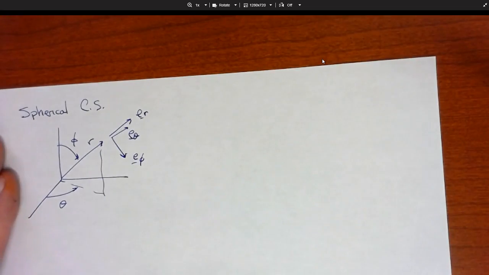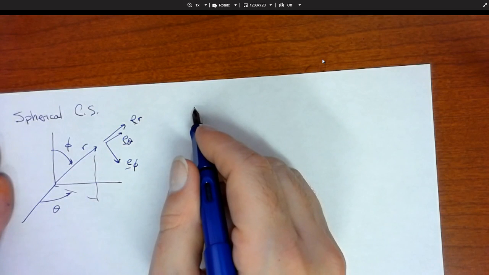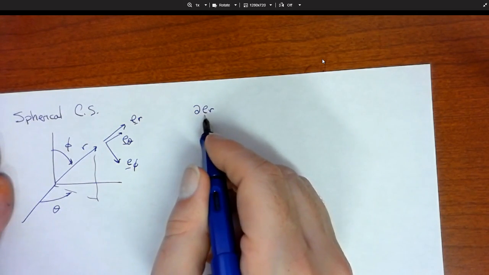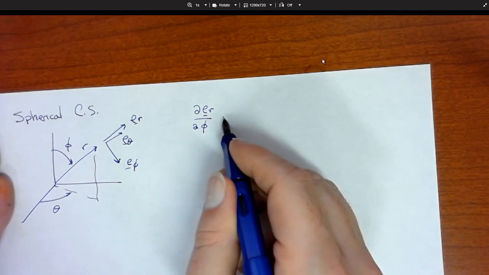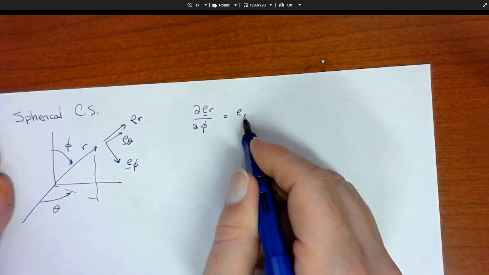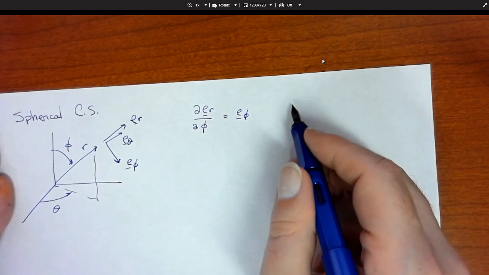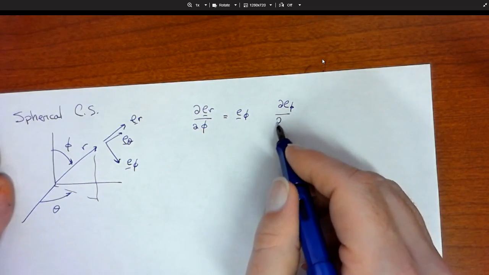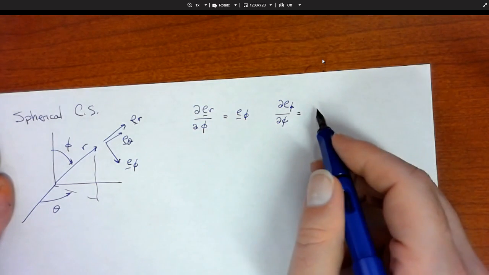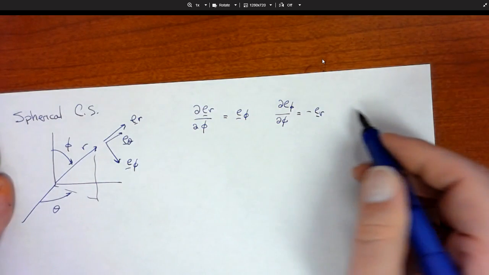So again, summarizing the derivatives, dE r with respect to phi equals E phi. dE phi with respect to phi is going to give me minus E r.